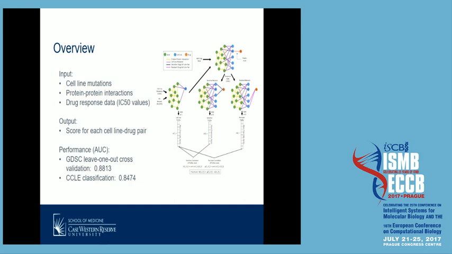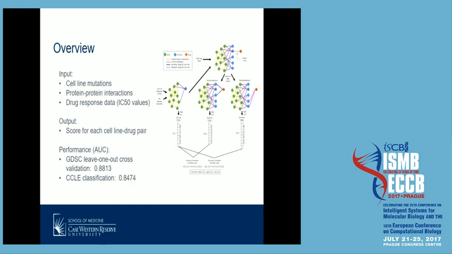By performing network proximity, namely random walk with restart, on these different instances of the network, we can create what we call network profiles for cell lines and drugs. By comparing these profiles, we can calculate a score for each cell line drug pair, and that score represents the sensitivity.